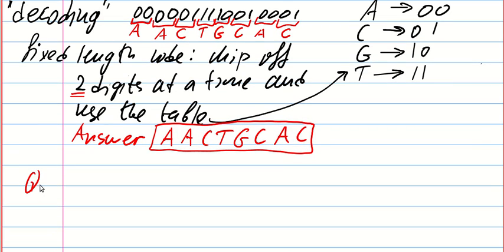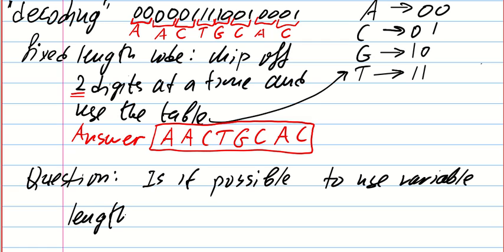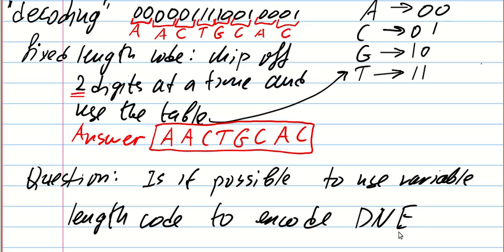So the question is, is it possible to use variable length code to encode DNA?